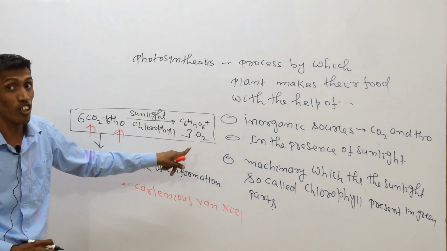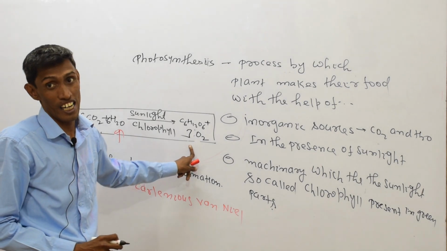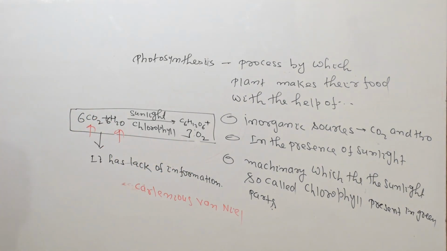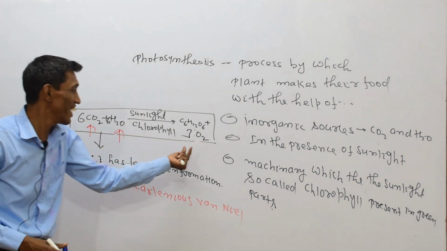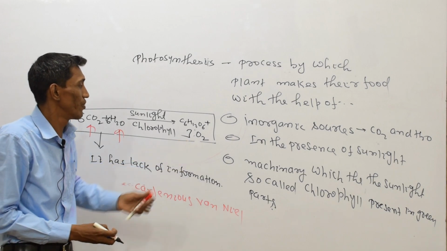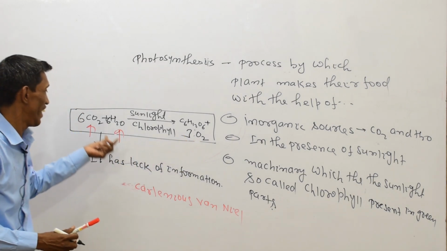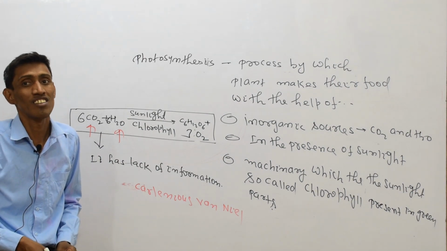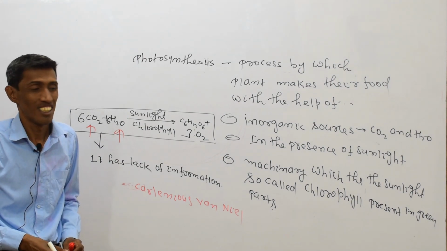This time we are not getting the balanced equation, and your equation should be balanced. If I make it 3O2, it will give 6 oxygen, and here also 6 oxygen, but this time your equation is not balanced.